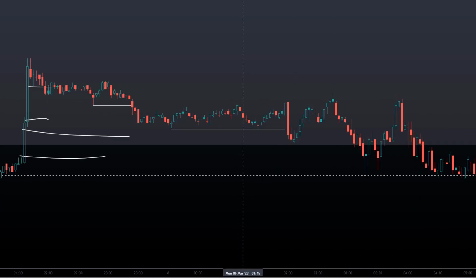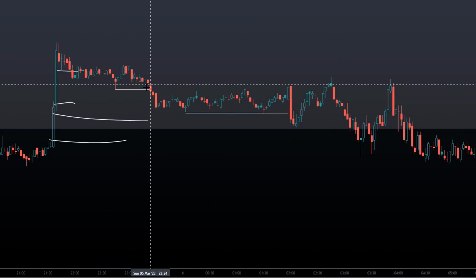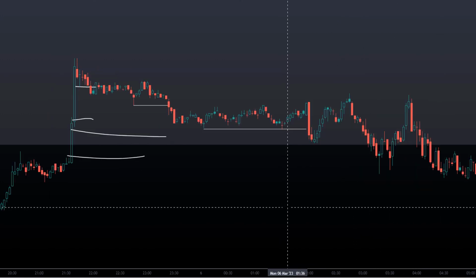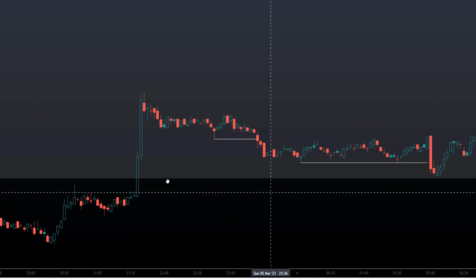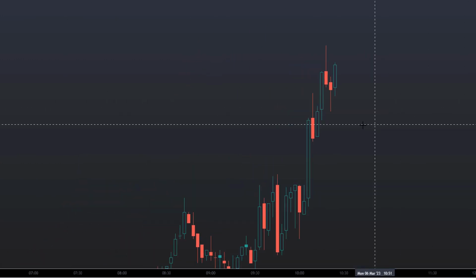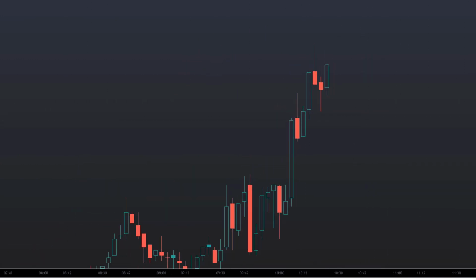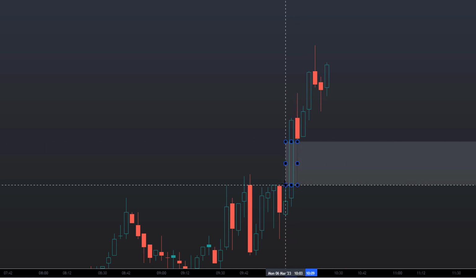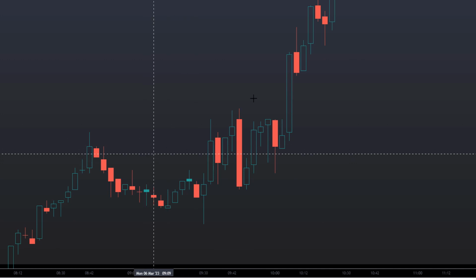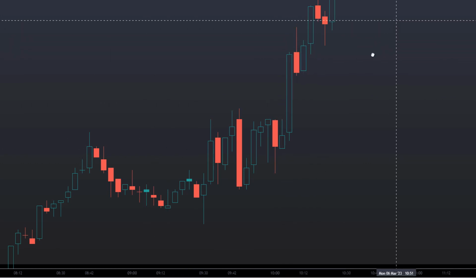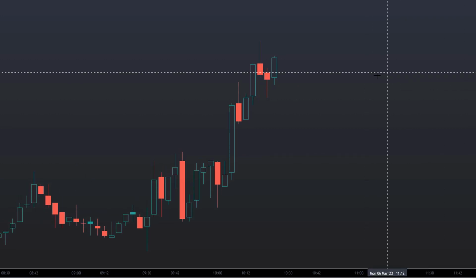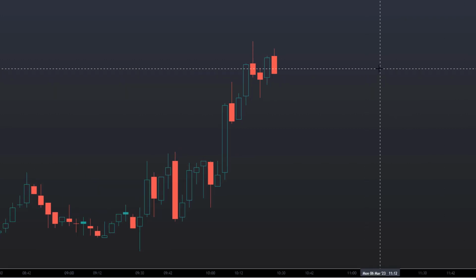This, of course, 99% of the time is not gonna be a reversal, but price is gonna be reacting from here in order to continue towards the upside. But here, on the other hand, check out how price is reacting. Of course, we have this imbalance right now in here, but look how price slowly is struggling to make higher highs and higher lows, and we will see about the proper change of character.